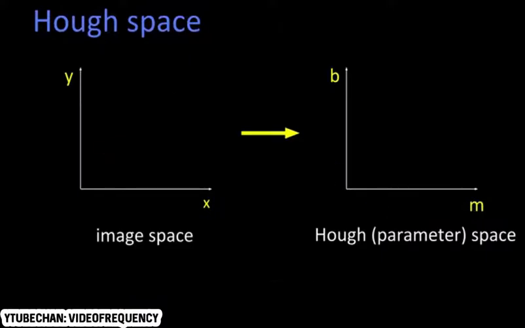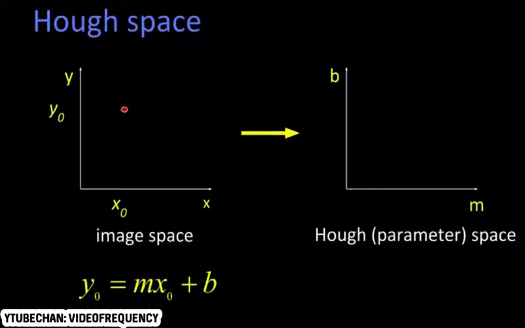Now we're going to do something a little different. Suppose we only have one point in the image space, and we'll put that point here at x0, y0. Well, what are the equations of the lines that might go through that point? Well, in image space, we know that the line that goes through that point is going to satisfy, for whatever the m and the b are, the equation y0 has to equal m x0 plus b. Right?